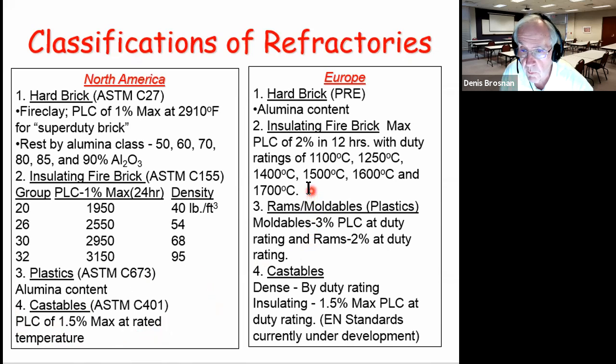Up here, insulating fire brick have a maximum PLC in Europe of 2% in 12 hours. It's very important to know what this duty rating means. In the United States, hard brick with a PLC is typically a maximum of 5 hours at the service temperature, whereas insulating products are 12 hours or more. So it's very important to understand the basis of what these duty ratings are.